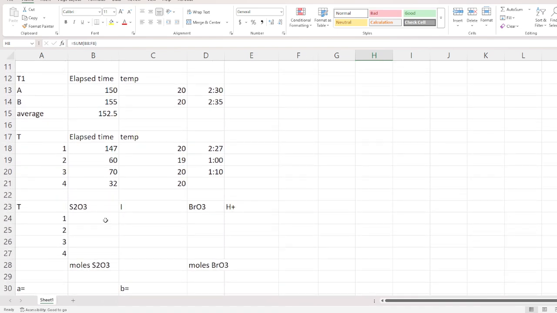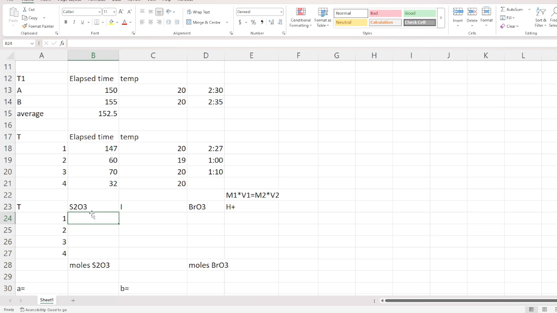Now, this first box says calculate your concentrations. To do that, we need M1 times V1 equals M2 times V2. Well, my M1 is my relative concentration of our component for that trial. That will not change.